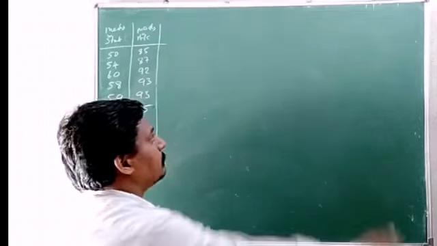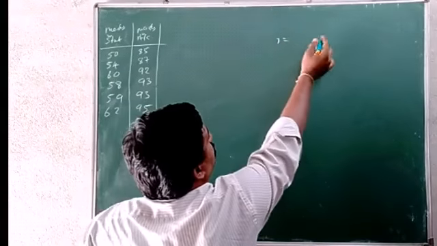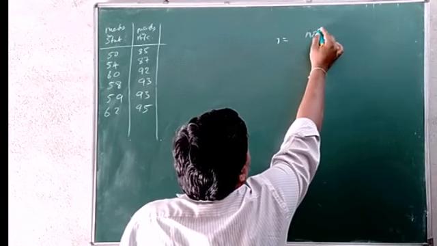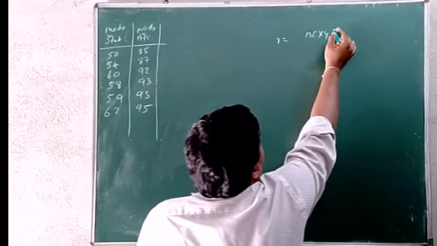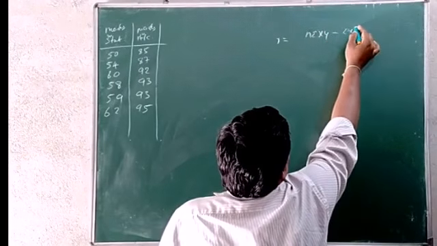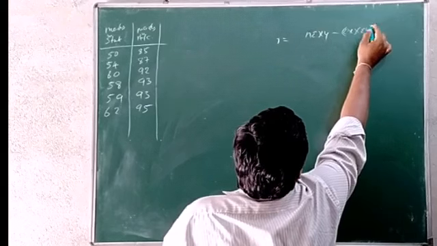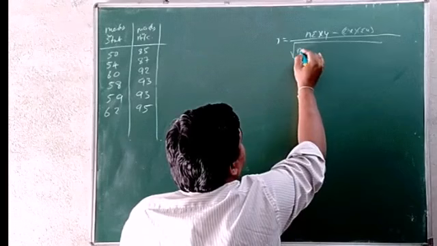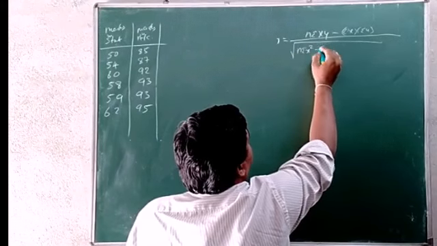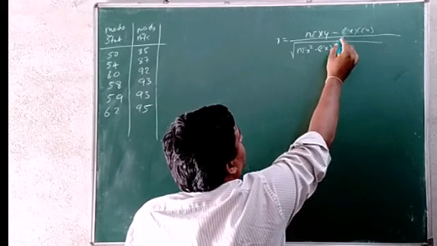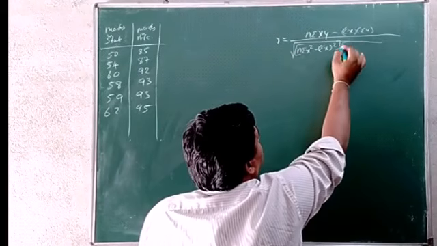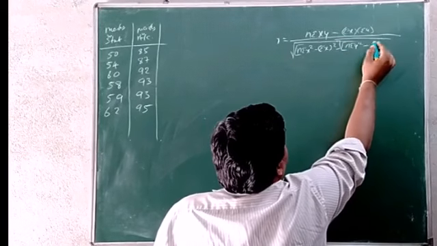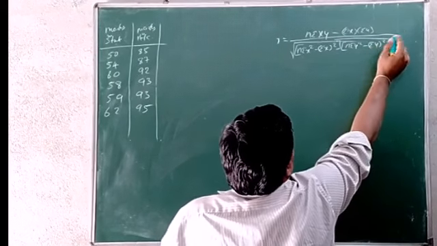Karl Pearson's formula, which is denoted by r. r is equal to n summation xy minus summation x into summation y, whole divided by root of n summation x square minus summation x whole square into bracket n summation y square minus summation y whole square.